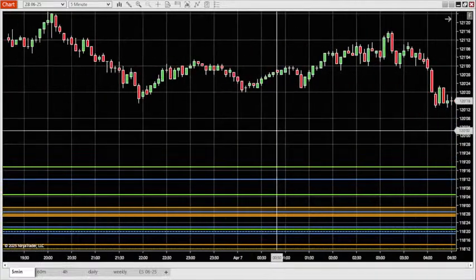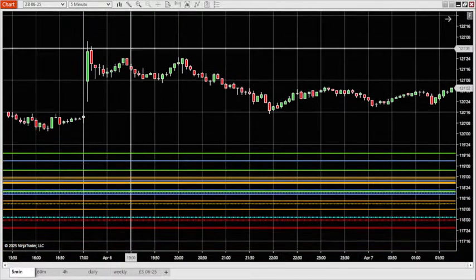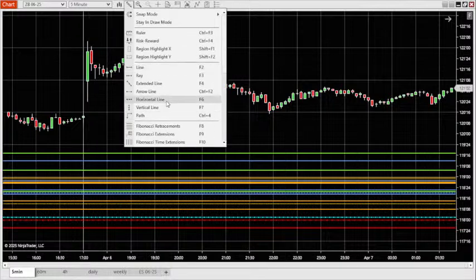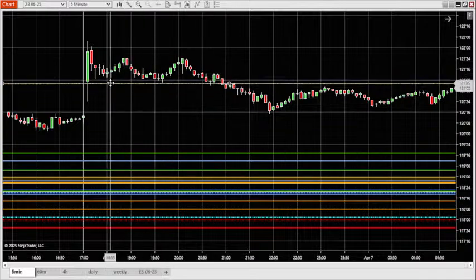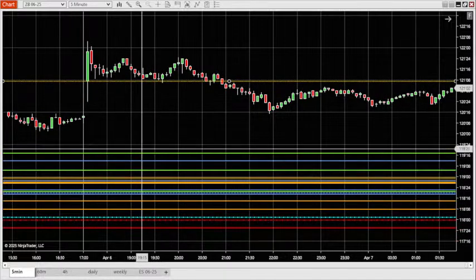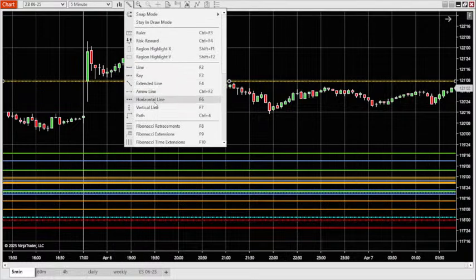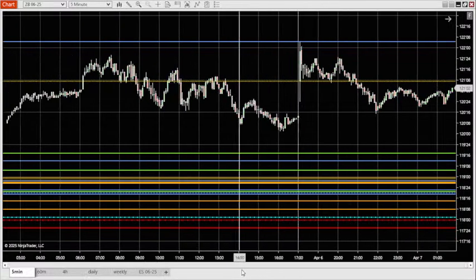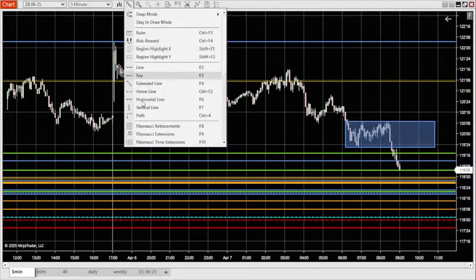I'm gonna scroll back to where the market opened. It says 1805. This was my opening candle. I'm going to take this dotted line down here because I don't care about that day no more. This is where the price opened. From the looks of it, this was the highest of the overnight session.